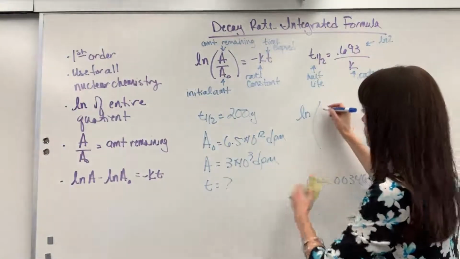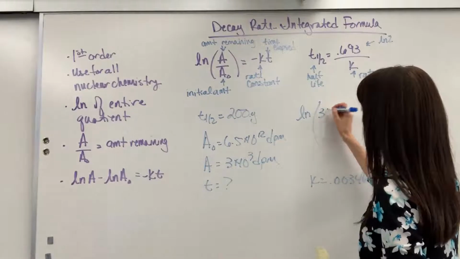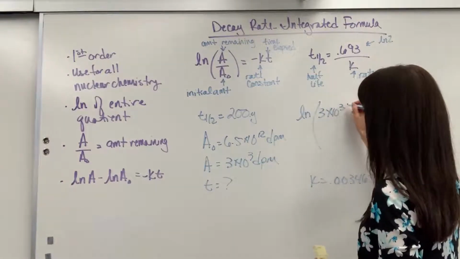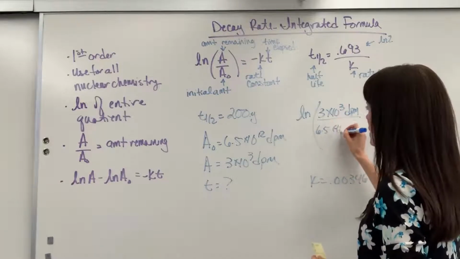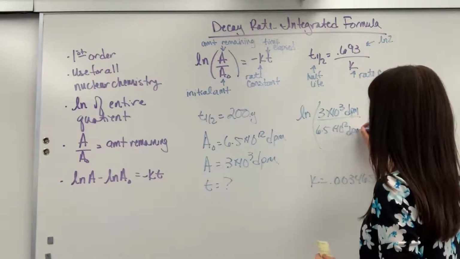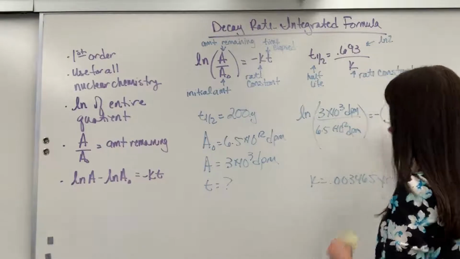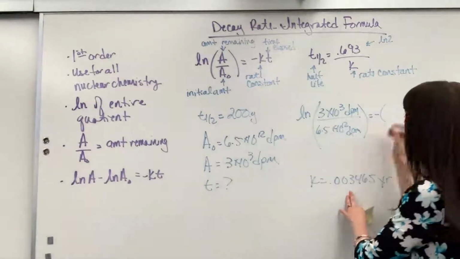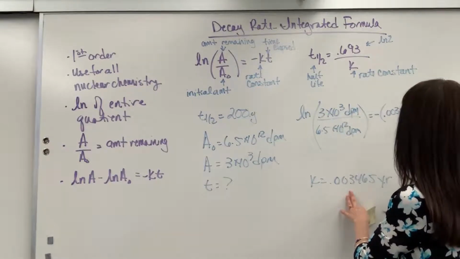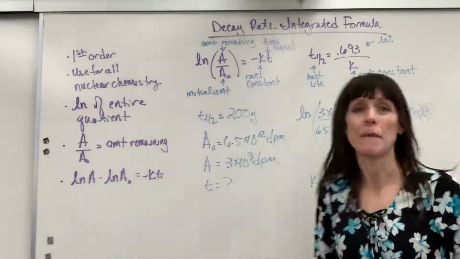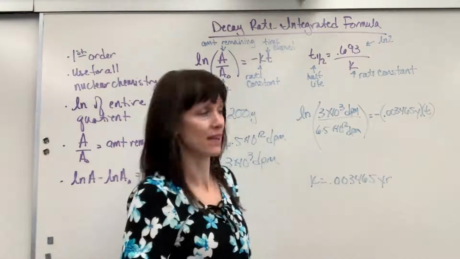Remember, we have to do natural log of this quotient, dividing that. 3 times 10 to the 3 disintegrations per minute divided by 6.5 times 10 to the 12 disintegrations per minute equals negative k. We found that 0.003465 per year times the amount of time it took for it to decay a lot.